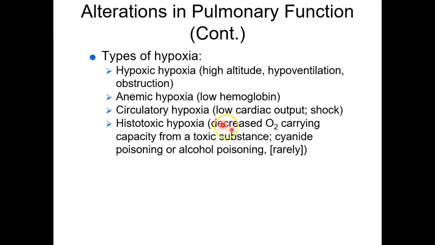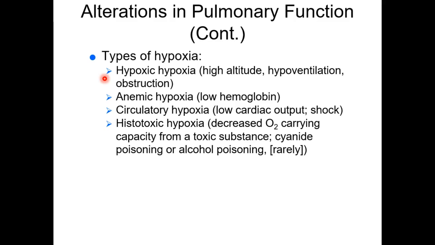And I love this terminology, hypoxic hypoxia. You have low oxygen because there's low oxygen. Surprise! High altitude here in Denver, Colorado, we've got slightly hypoxic hypoxia going on all the time. Anemic hypoxia, if you are anemic, your red blood cell count is low, your hemoglobin count is low.